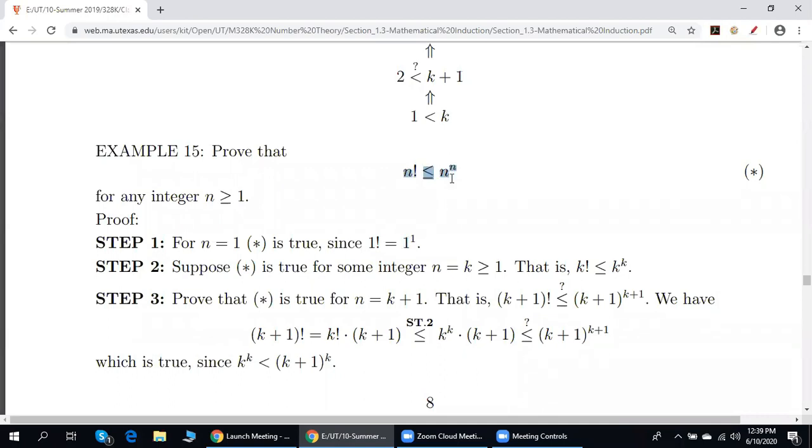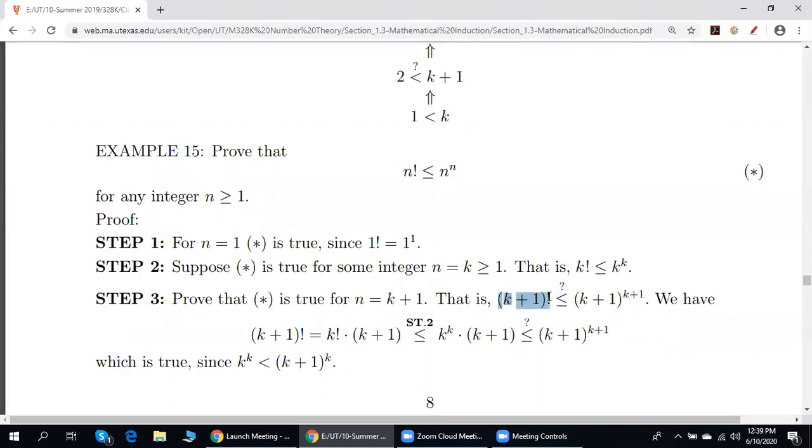Suppose this is true for some integer n equal to k, where k is greater or equal to 1. Suppose k factorial is lesser or equal to k to the power k. We want to prove that this is true for n equal to k plus 1. Namely this. Here we have a question mark.